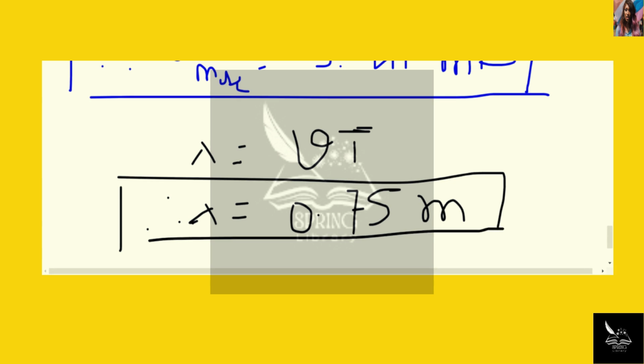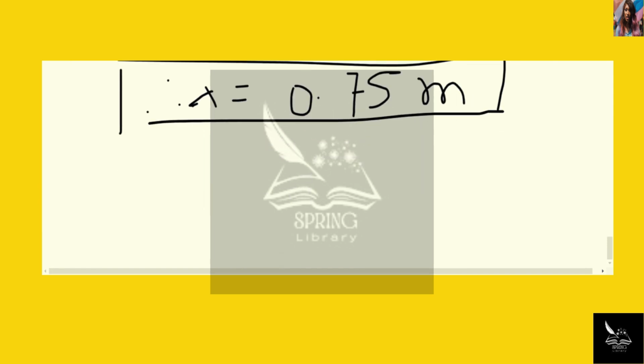Then the angular wave number k is found as k is equal to 2 pi upon lambda. Now we have lambda already here.